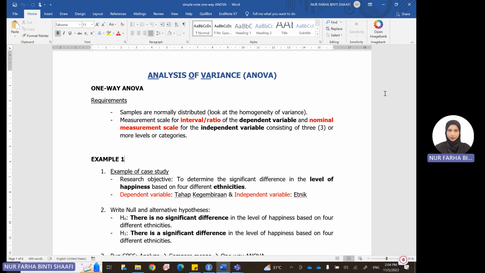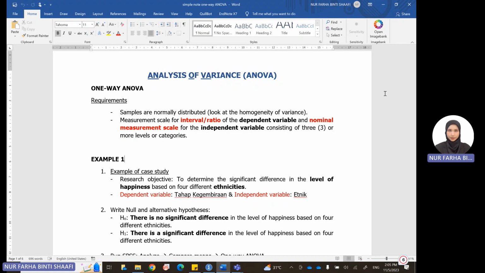If I'm not mistaken, I have uploaded it in ITEL, and also on your Telegram. So, one-way ANOVA. To do the one-way ANOVA, you have some requirements. Can you see, or do we need to enlarge it a little bit more? No need. First, your samples, the data that you have obtained, need to be normally distributed.